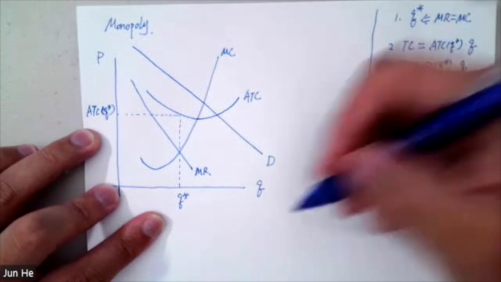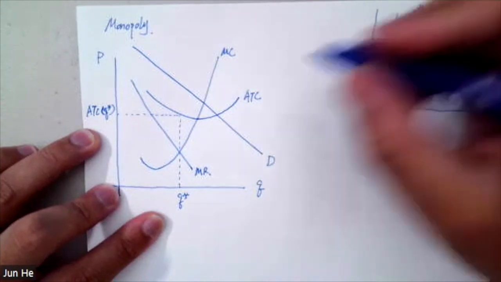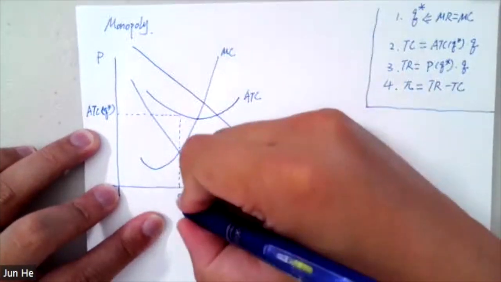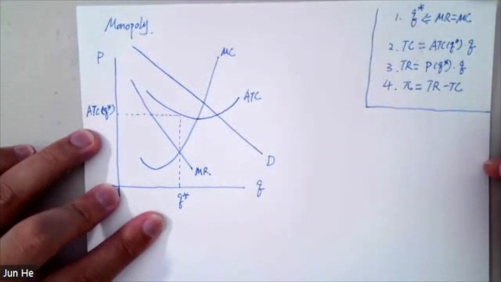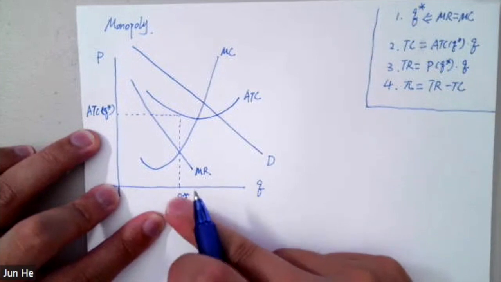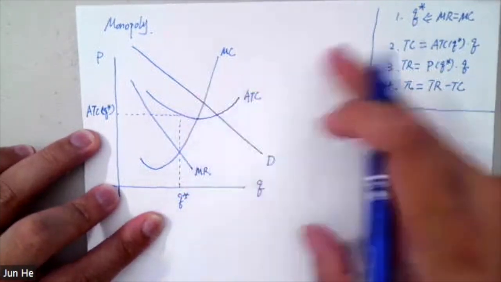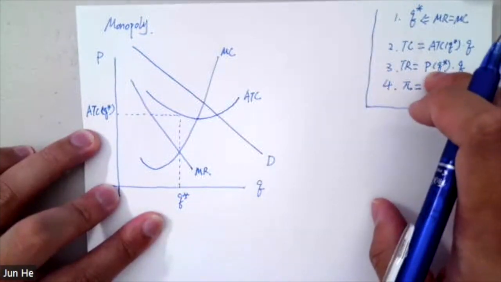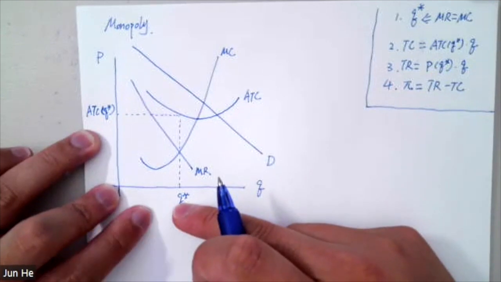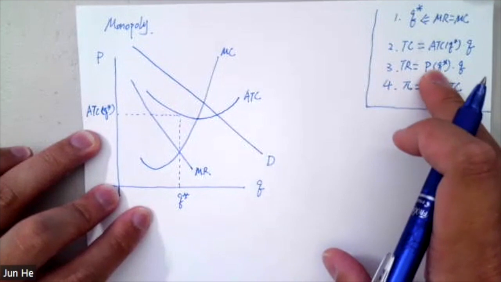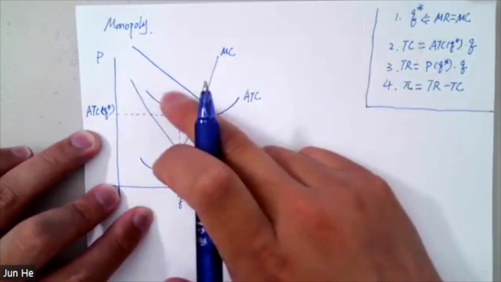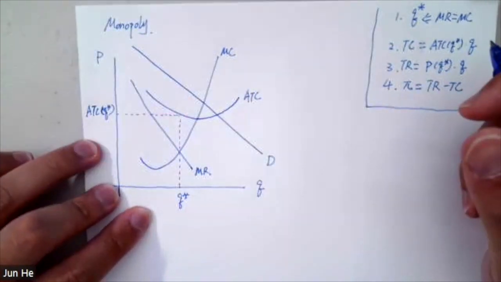Then total revenue. What is the total revenue? Well, you're selling this much product to the market, right? And once you're selling this to the market, the market price of each unit of product is set. Then after the price is formed, each unit has the uniform price.